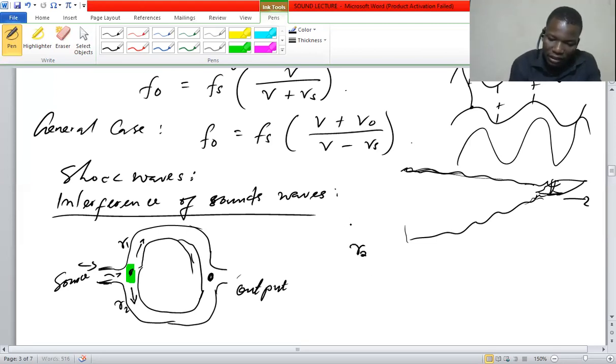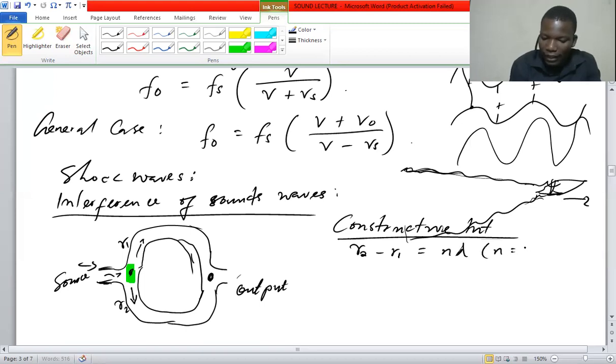For constructive interference, the path length difference is given by that, where n is 0, 1, 2, and so on.